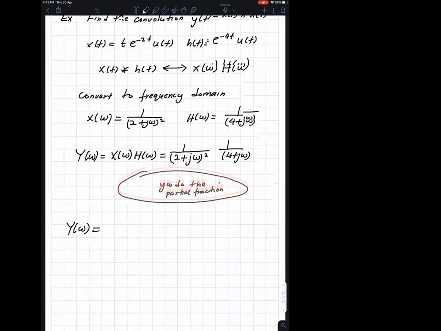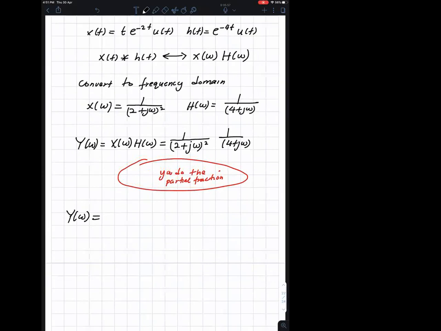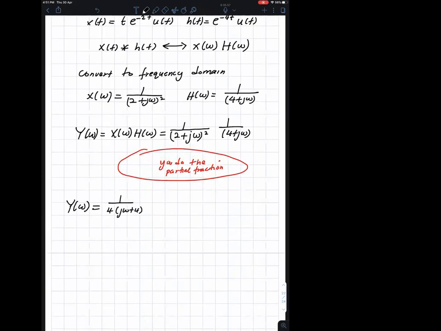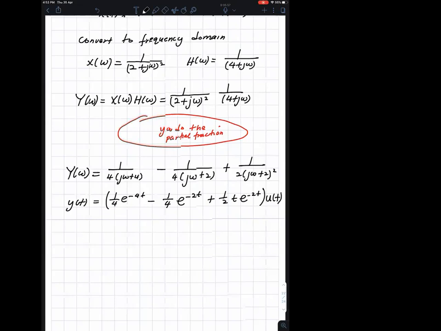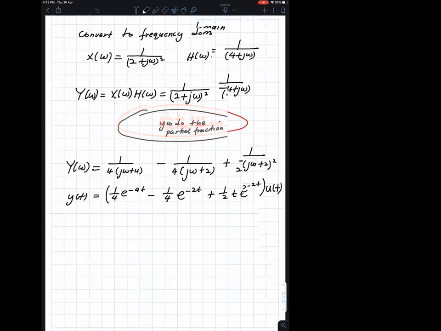Partial fraction, you're going to get 1 over 4 plus j omega. Okay, that's it. Let's move on to the next one. So that is the answer.